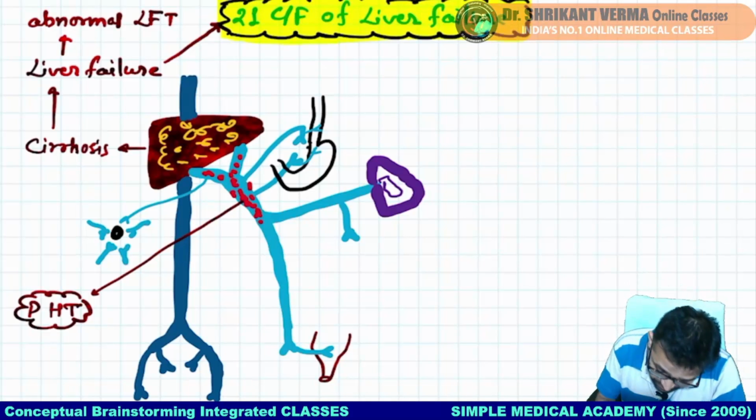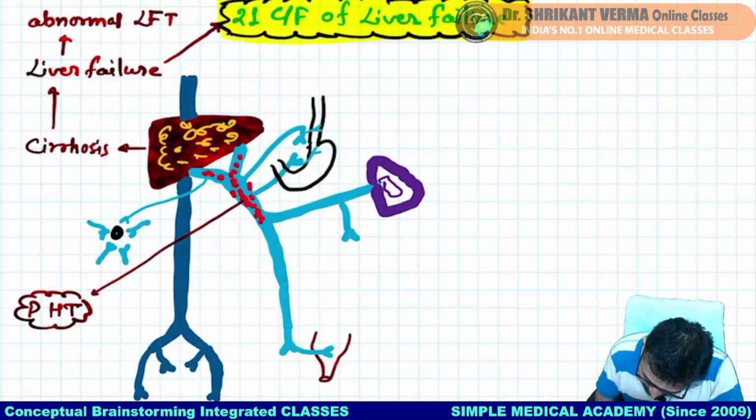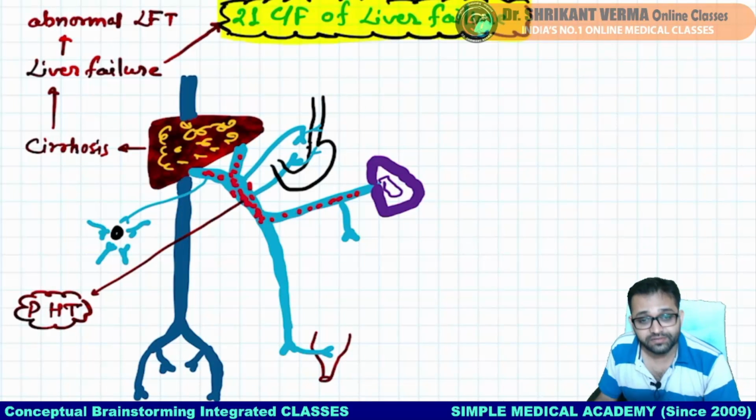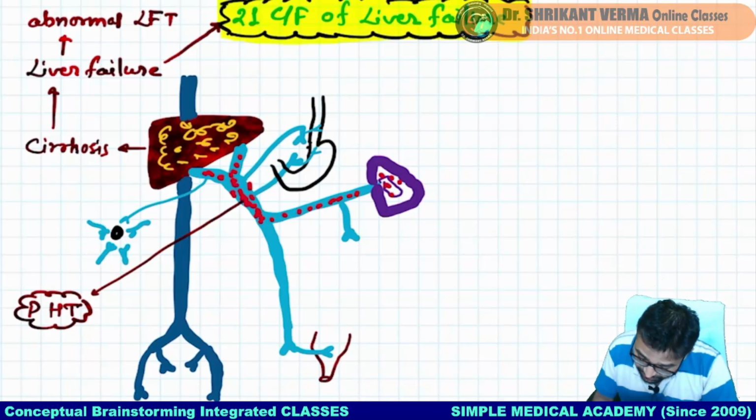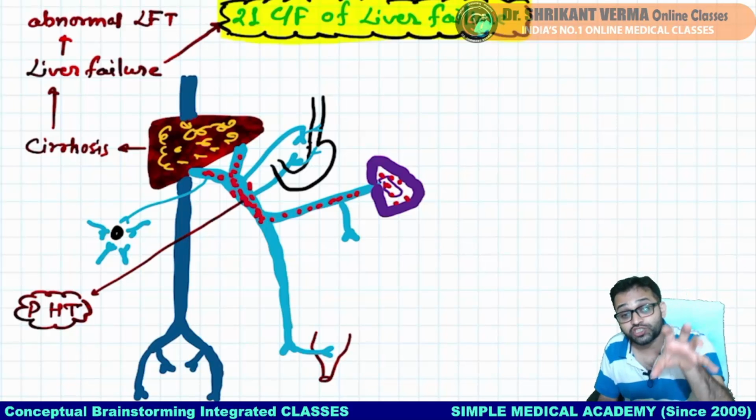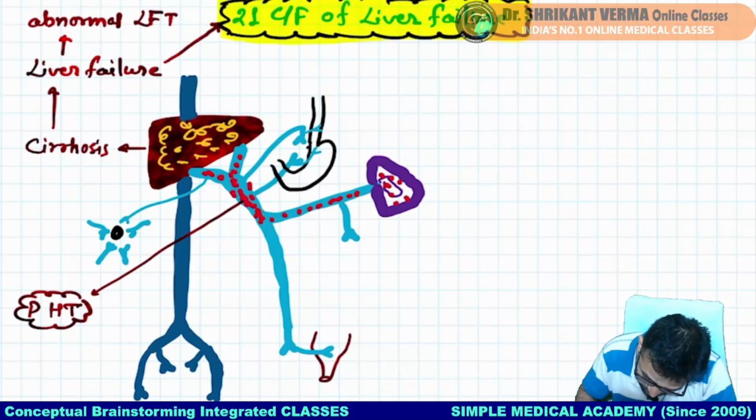Now, there is blood accumulation within the splenic vein. So splenic venous congestion, splenic venous dilatation, and blood is accumulating within the spleen. So there will be congestive splenomegaly.